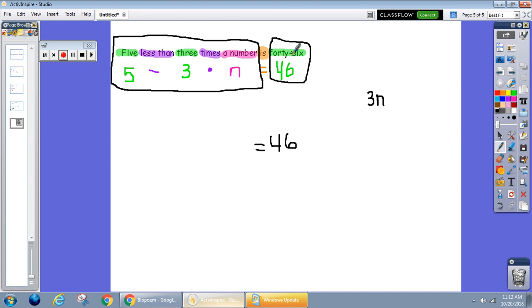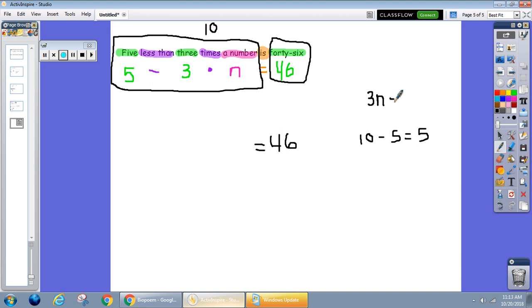That's that tricky one where I want you to replace that with an actual number. Let's replace it with 10. All right, what is 5 less than 10? 5. How do I know that? Because if I take 10, I subtract 5, I get 5. So 5 less than 10 is 5.